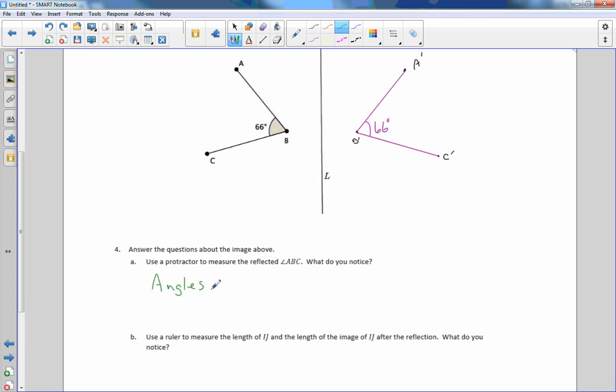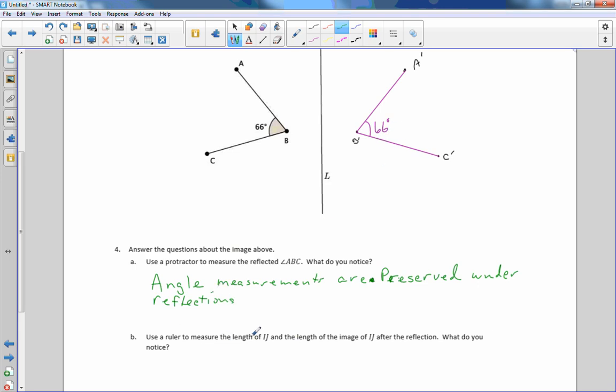Angle measurements are preserved under reflections. So therefore, this is also 66 degrees.